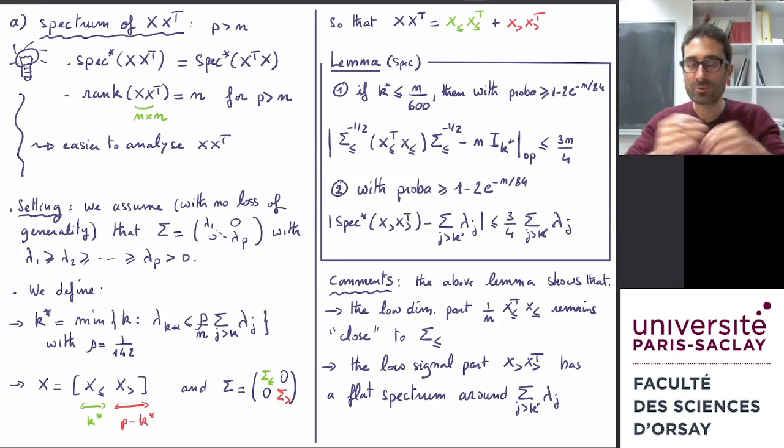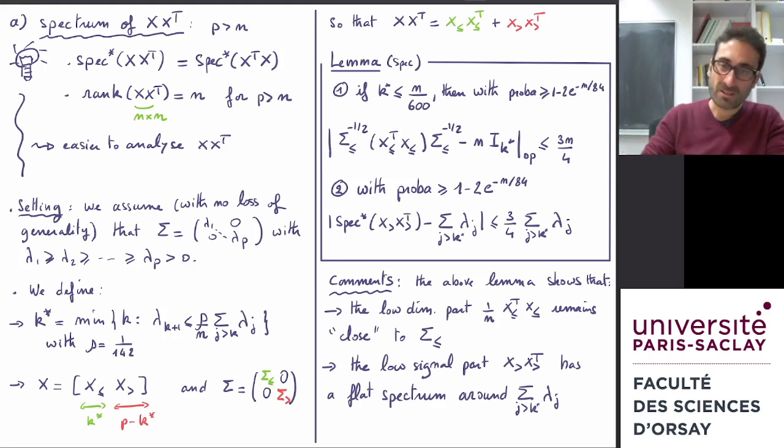So you can always assume that Sigma is diagonal. It will not change anything, and it will be much easier for the notation. I will also assume that I have lambda 1 to lambda p, which correspond to the eigenvalues, ranked in decreasing order.